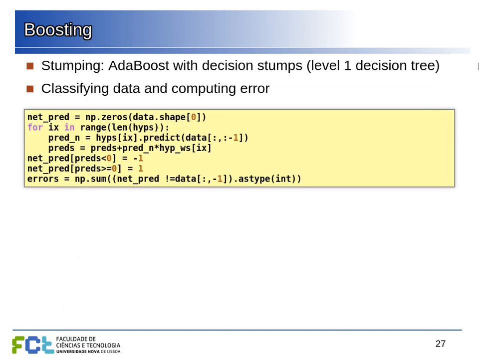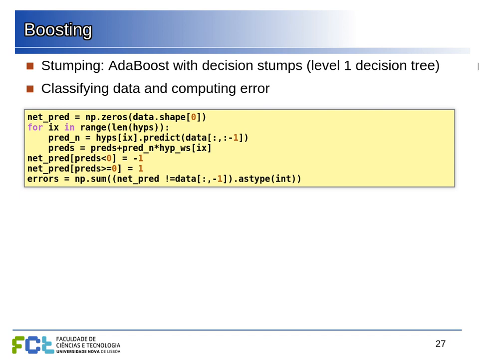So now, for classifying data, we have all the hypotheses that we kept, all the stumps here, and if we want to classify a new example, we simply add the predictions of each hypothesis multiplied by the weight of that hypothesis in our final classifier.